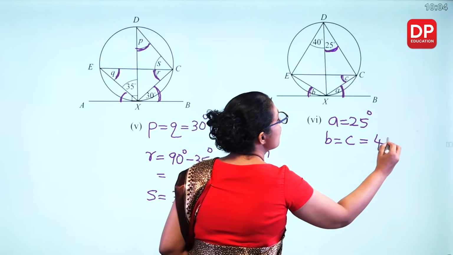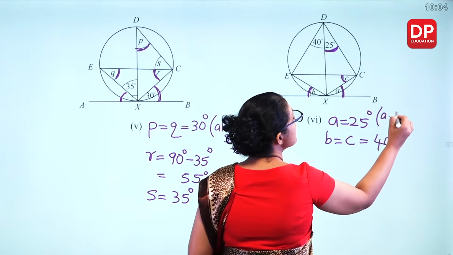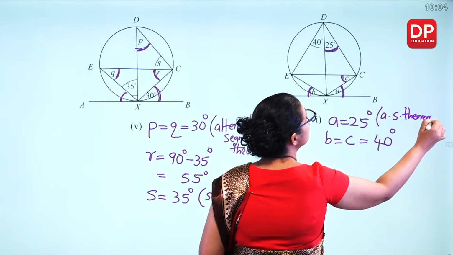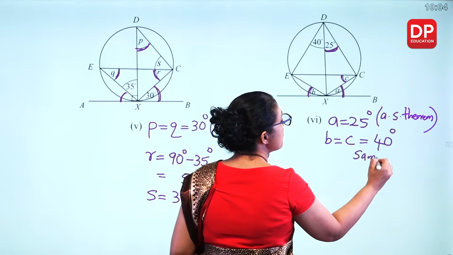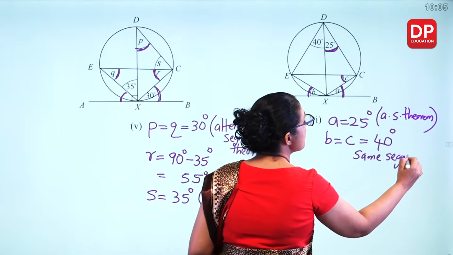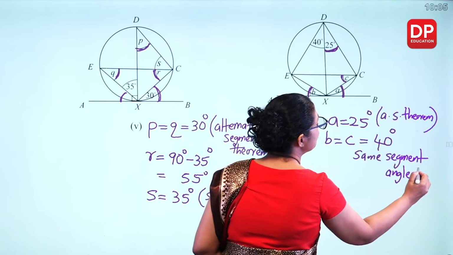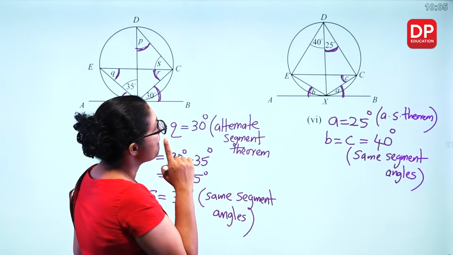That's 40. So this is alternate segment theorem. And here 40 because of same segment angles. Now we found A, B, C.